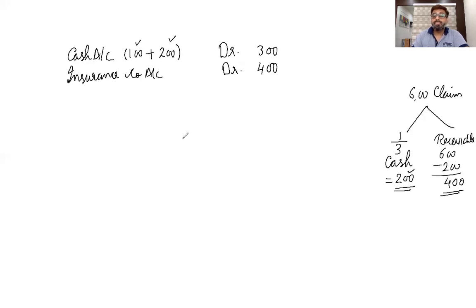Now, what is the value of goods destroyed? 1000. From 1000 you recover 700. So what is our loss? 300. Loss occurs due to fire. Debit all expenses and losses. Loss by fire account debit with 300. 1000 minus 700.